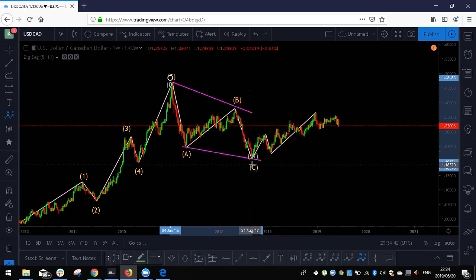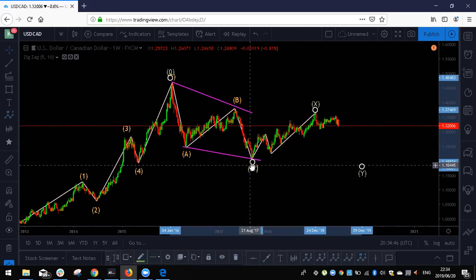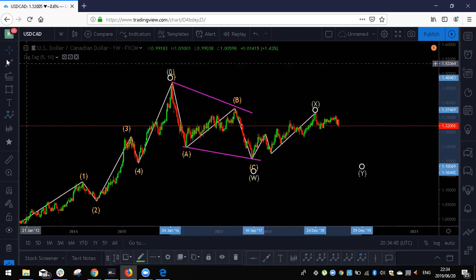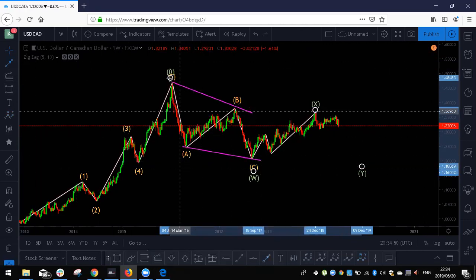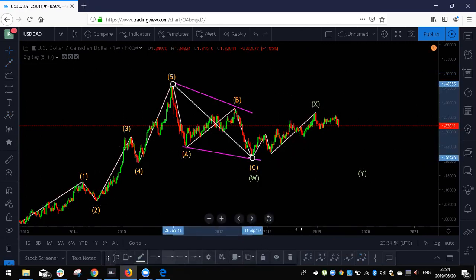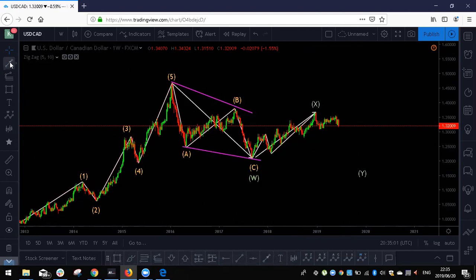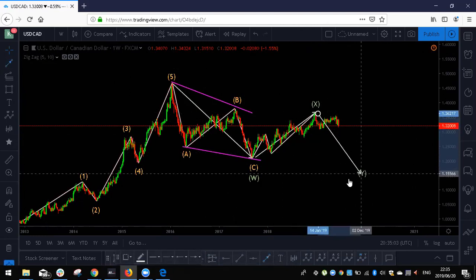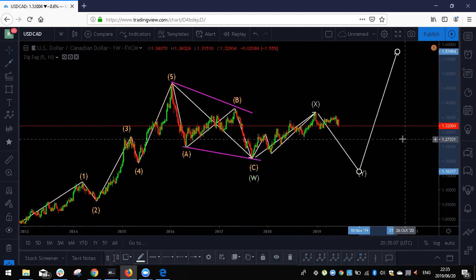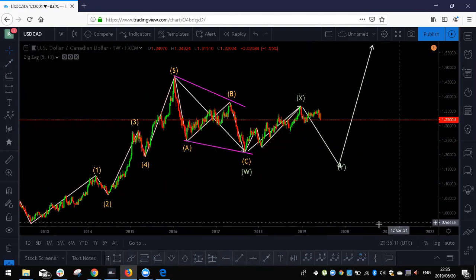So I'm just going to call it W, and I think for now we're getting an X and a Y. So this whole thing is now a W, and now we have an X like this. I'm thinking we need a Y before we can go up. So this is the long-term analysis for USD CAD.